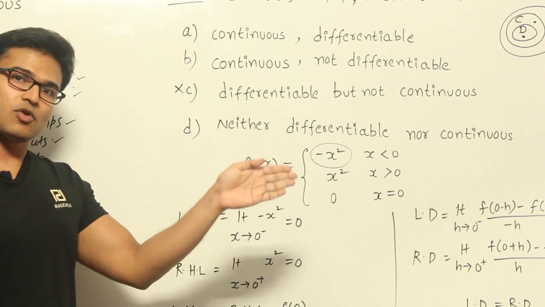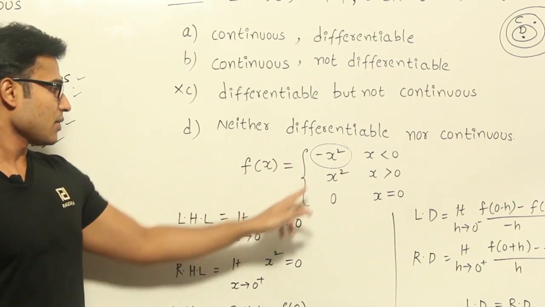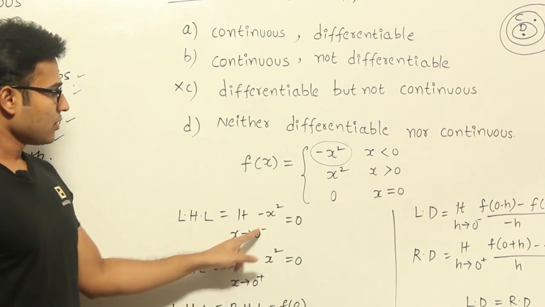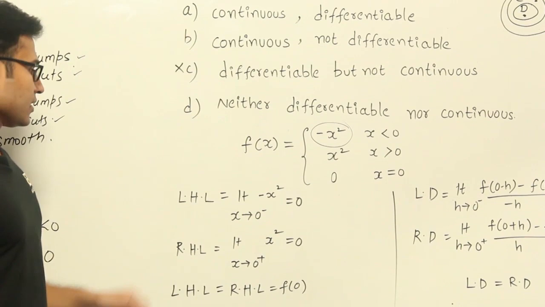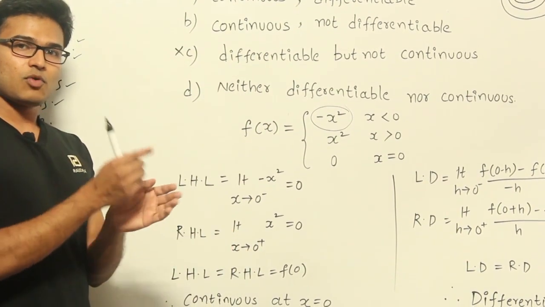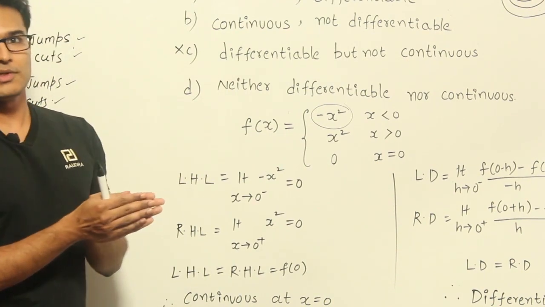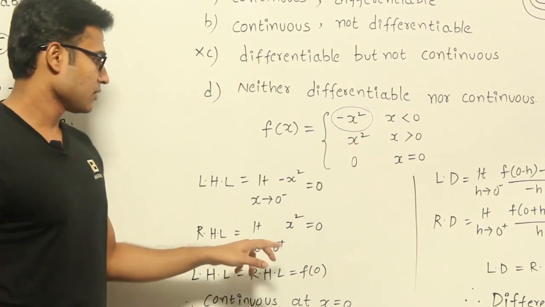Because we are talking about a point just to the left of 0, which means a negative number. Now you substitute x as 0, so it is going to be 0. Now what about right hand limit? I am talking about a point just to the right of 0, which means a positive number. So whenever x is positive, the function is going to be x², right?